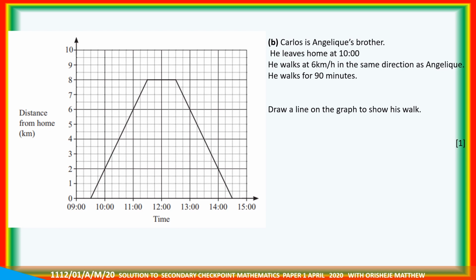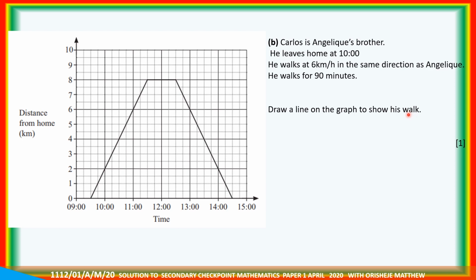He walks for 90 minutes, 1 hour 30 minutes, that is 1.5 hours. In other words, in fraction, that will be 3 over 2 hours. So 90 minutes, I've converted to hours, gives me the fraction 3 over 2. Draw a line on the graph to show his walking.